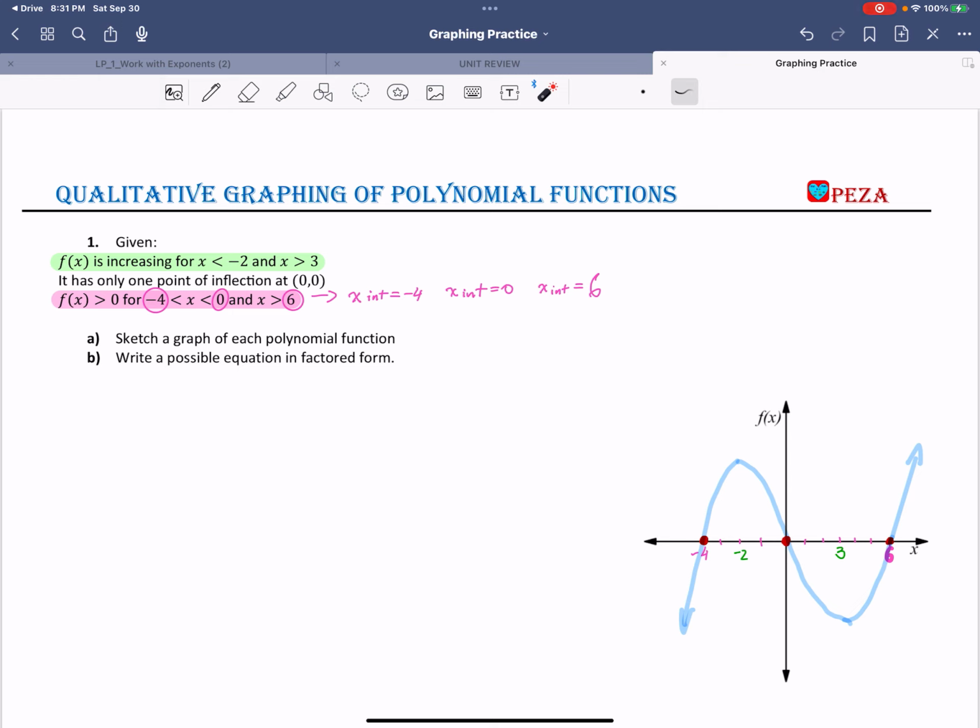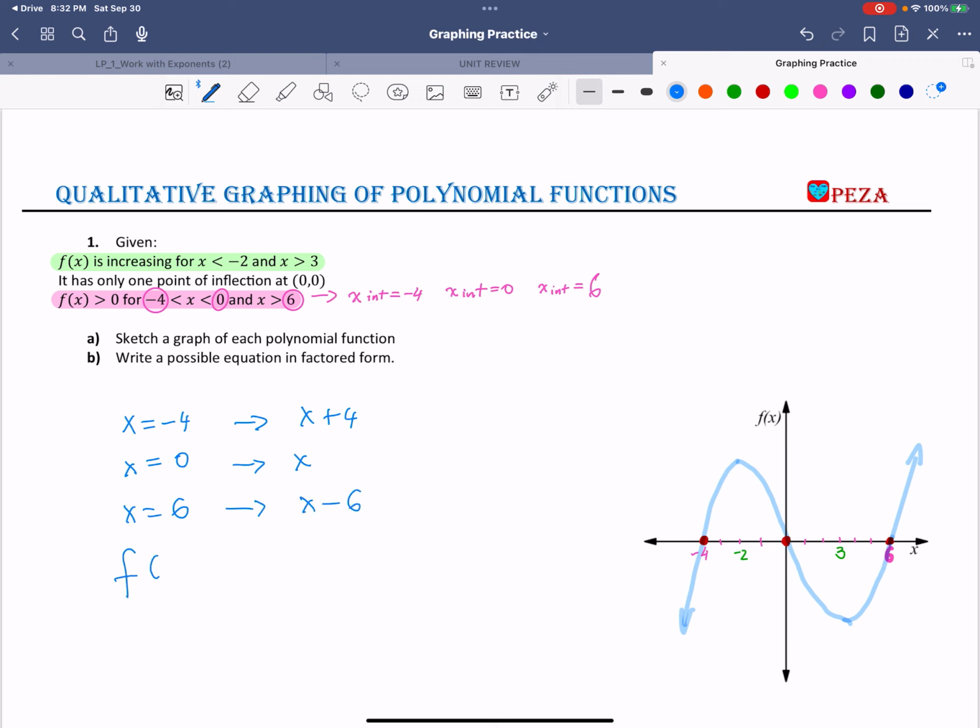And that will make x equals 0 a third root, or a third factor, in the polynomial function. So for now, I'm just going to leave the graph of this function as is. And I would say that with roots at x equals -4, 0, and 6, the factors will be x plus 4, x, and x minus 6.